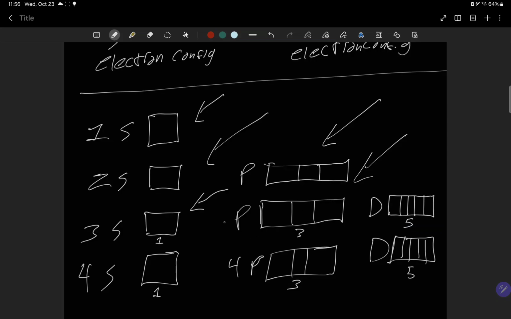So this one's going to go the 3p, then it's going to go to the 4s. And when we go to the next one, we're going back from the 4s to the 3d. And then once the 3d is filled, we fill the 4p orbital.